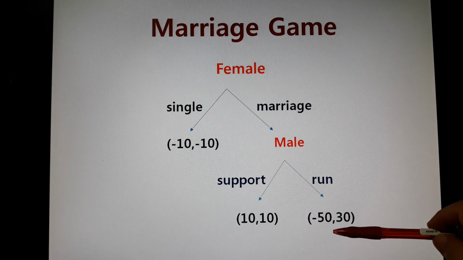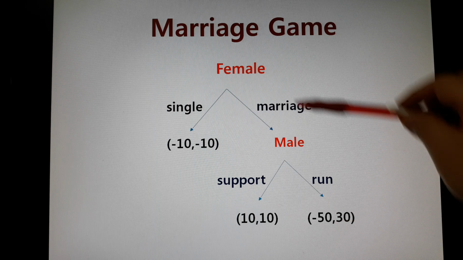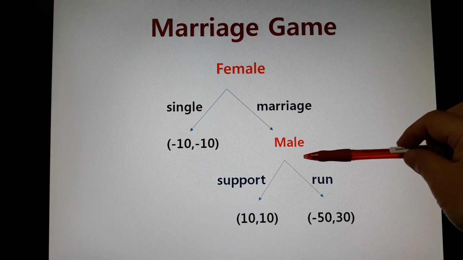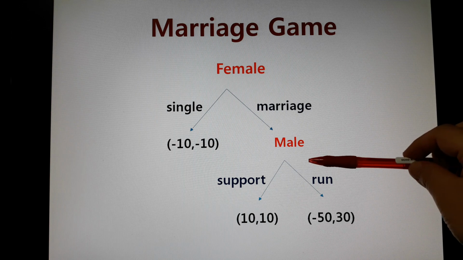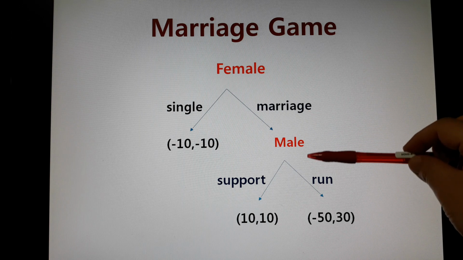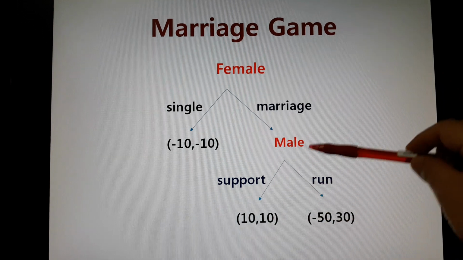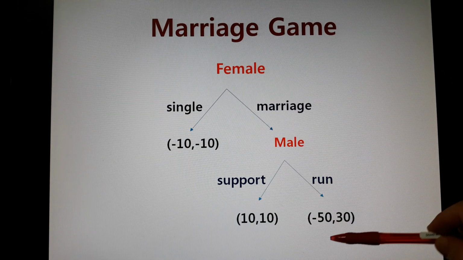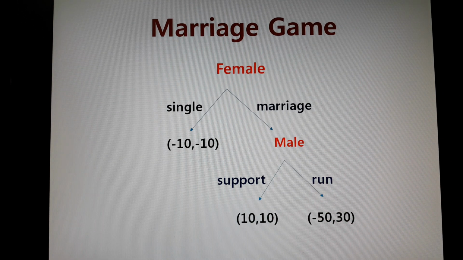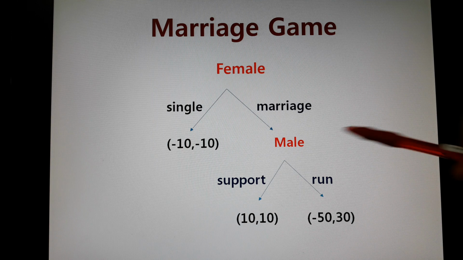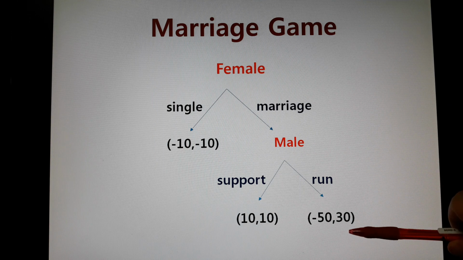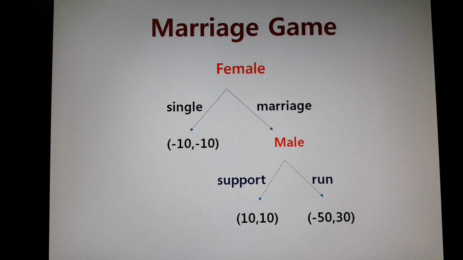However, there is another possibility. The female gets married to this male and they have a baby, and the female assumed that the male would support the baby and her, but the male sometimes runs away. He may find another young girl and run away.